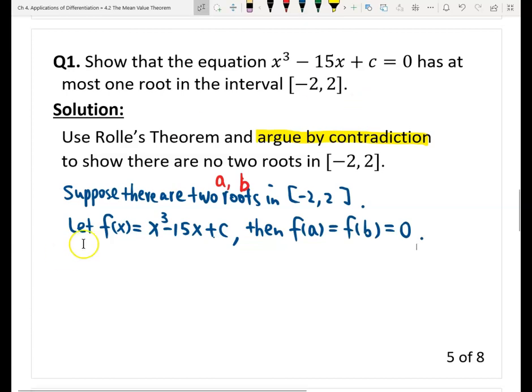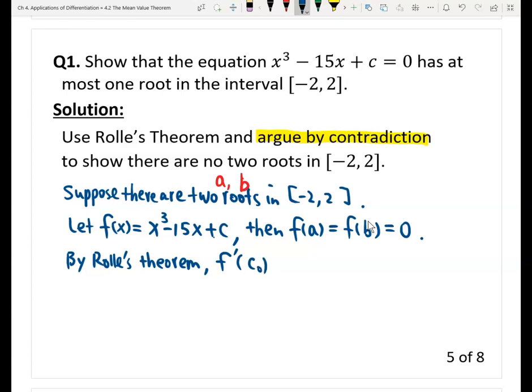Now, this function follows all the conditions of Rolle's theorem: continuous, differentiable, and has the same value on both endpoints. So by Rolle's theorem, we can find a number between a and b. We cannot call this number c because we already have a c here, so let me use c0.